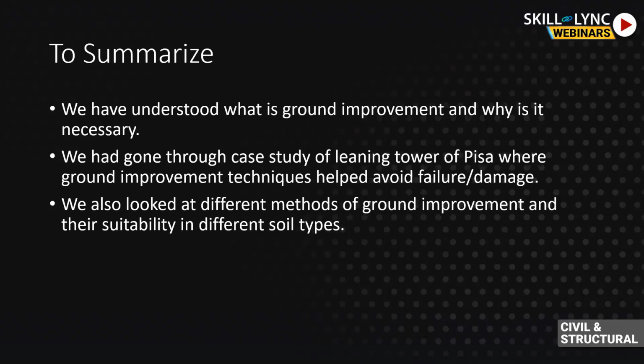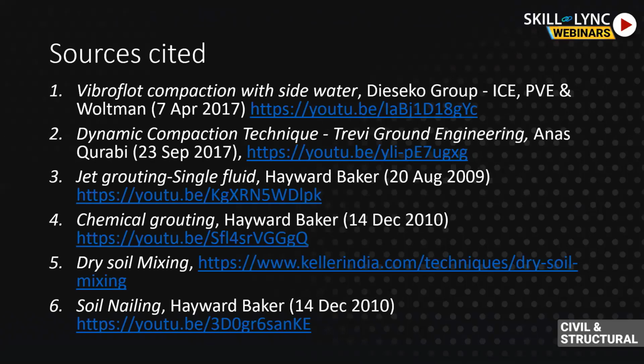If you are interested in learning more about the Leaning Tower of Pisa and the case history, there are a lot of papers available on the net, and that is a really interesting case study. As civil engineers, we should all have a general idea about that. And since you are interested in ground improvement techniques, it is an interesting case study.